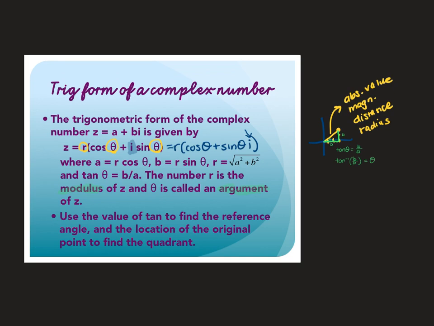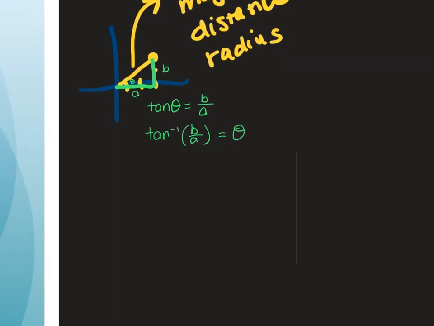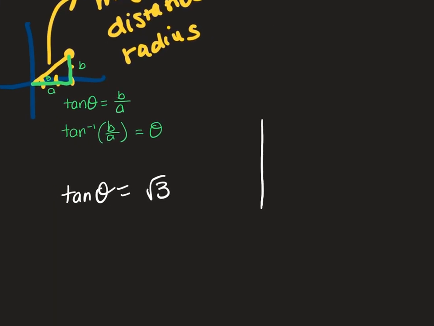Now the last part there says use the value of tangent to find the reference angle and the location of the original point to find the quadrant. So remember, if I'm using this unit circle based and I get something like the tangent of theta is root 3, again, we go back to unit circle. Hopefully you remember your tangents.